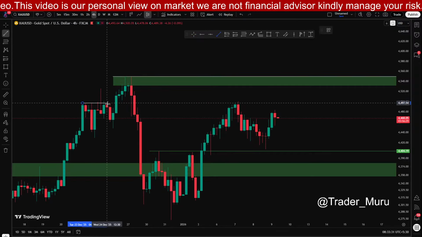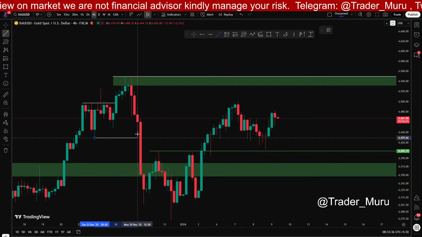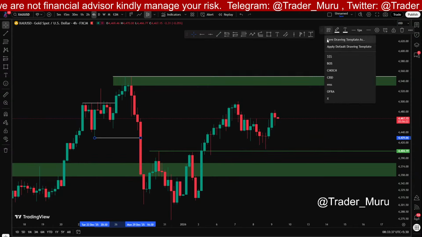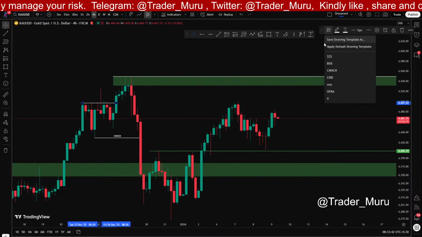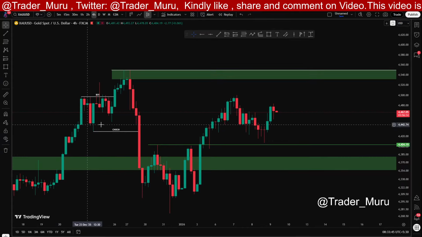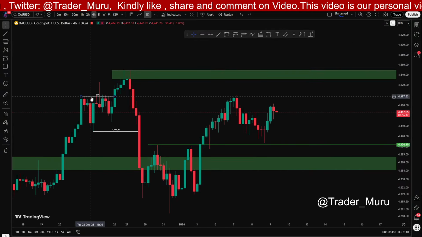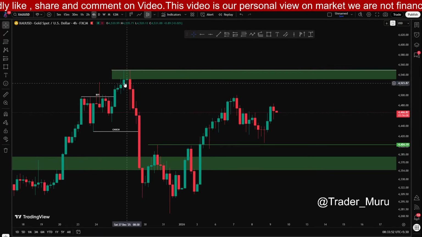The last breakout structure in 4-hour was this one, and this is our change of character. This is our breakout structure. So after the breakout structure, price should hold this area, but instead of holding, it created a drop.